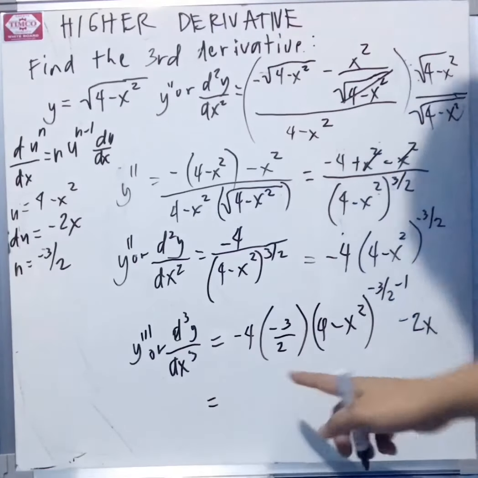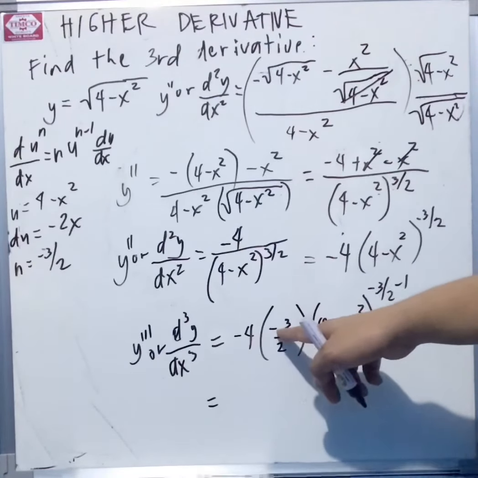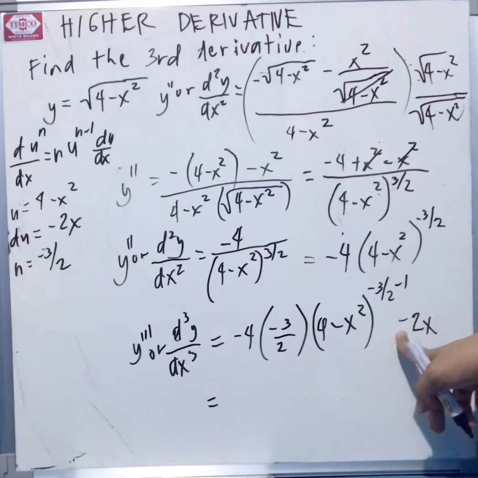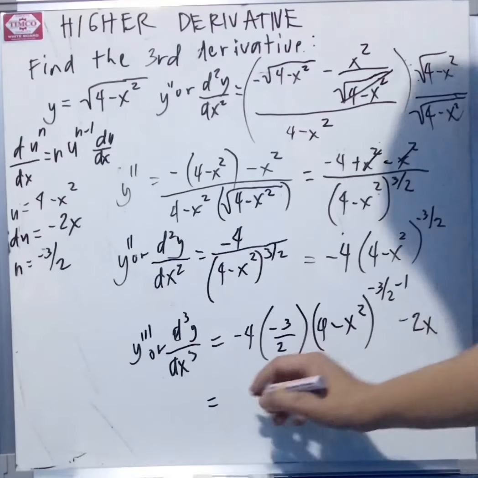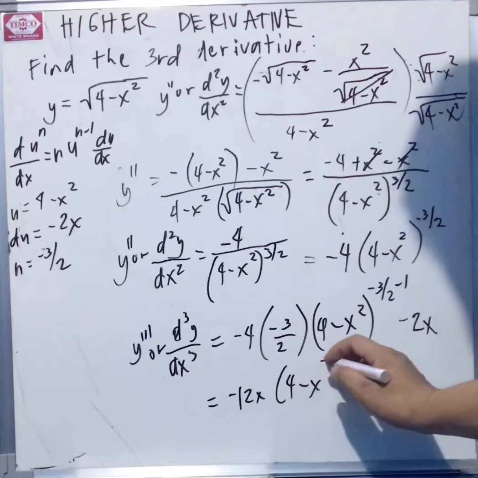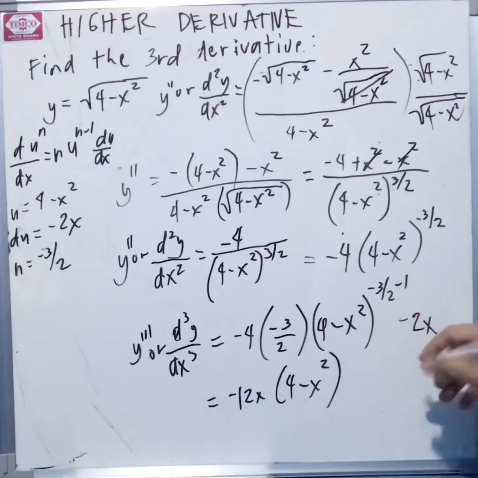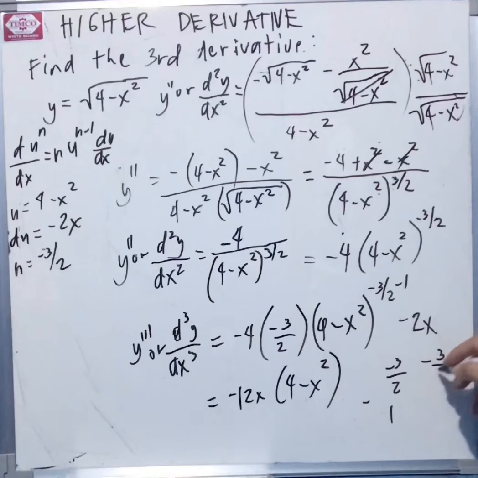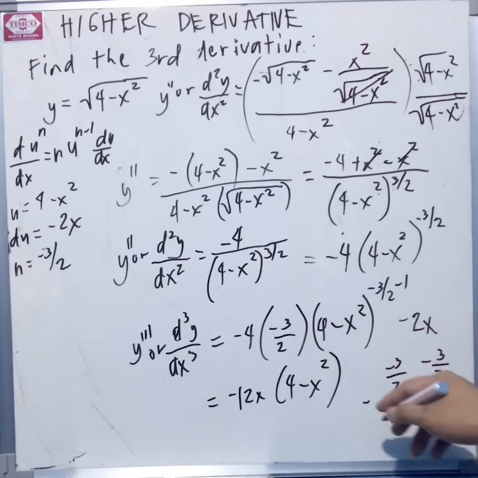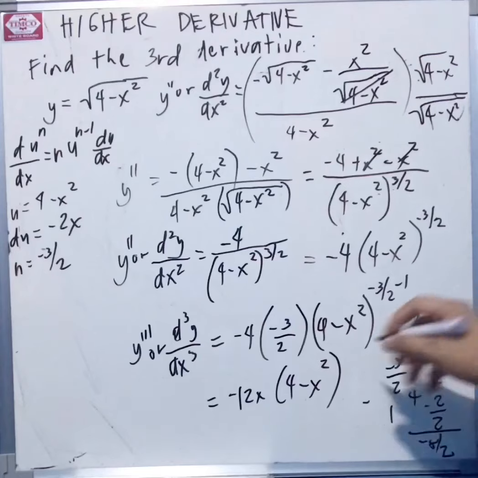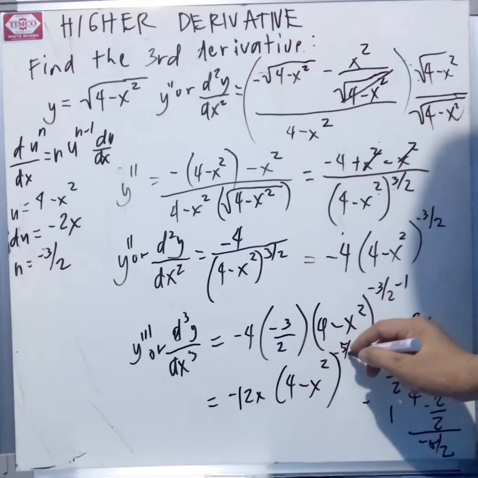Is equal to negative 4 times negative 3 is positive 12 times negative 2 is negative 24 over 2 is negative 12x times 4 minus x squared. Okay? Negative 3 over 2 minus 1. Diba? So, negative 3 over 2 minus 2 over 2. So, negative plus negative 5 over 2. So, raised to negative 5 over 2.